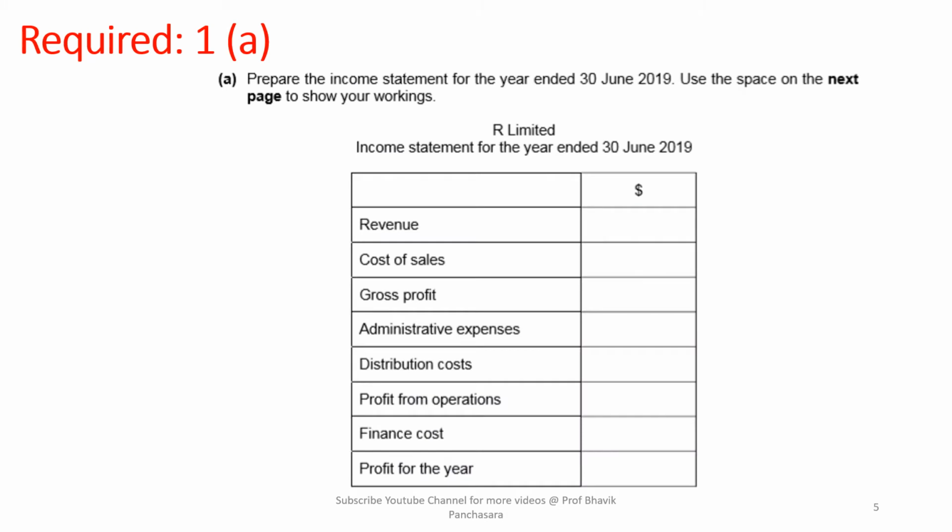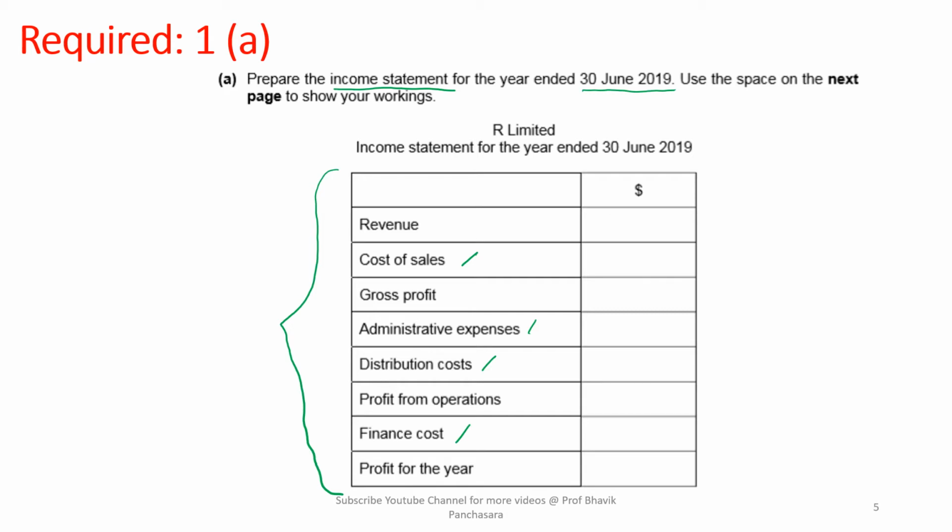In this first part of question, we are required to prepare income statement for the year ended 30th June 2019. This already prepared income statement is given here. Now to complete this income statement, we must have some expenditure amount with us, that includes cost of sales, administrative expenses, distribution cost and finance cost.